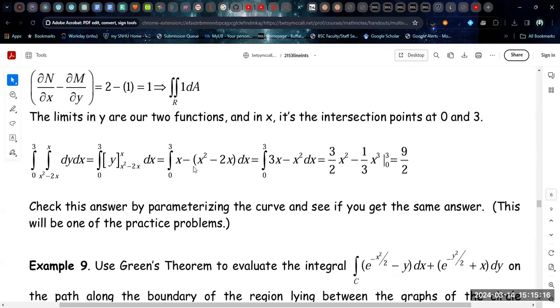We plug in our two functions, the area bounded between the two curves, and then we integrate that from 0 to 3, and we end up with, in this case, 9 over 2. Now, again, you can parameterize this, but you should end up with the same answer. And the parameterization, because you have to do it in two parts, does take a bit more calculating.